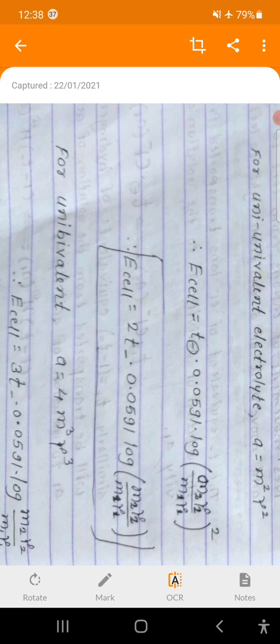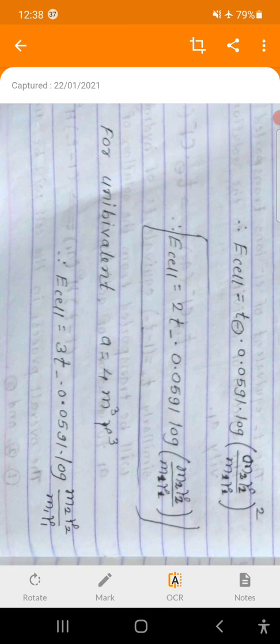upon m1 gamma 1. Then for a uni-bivalent electrolyte, the activity is nothing but 4 into m cube gamma cube.